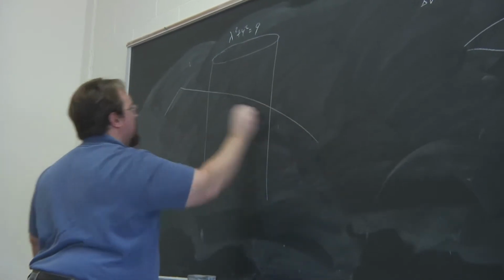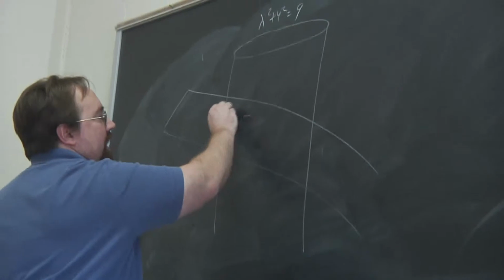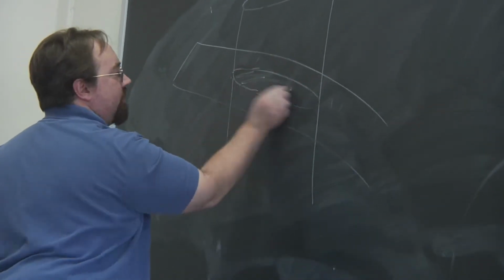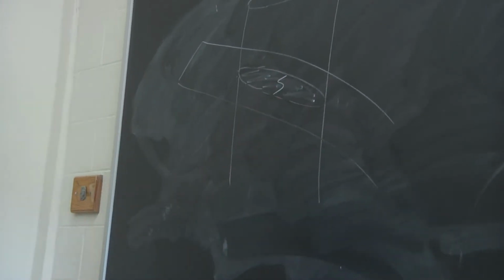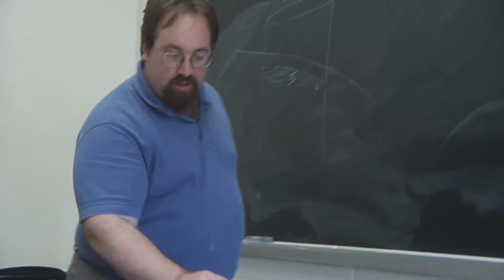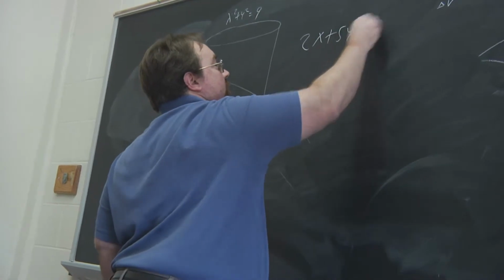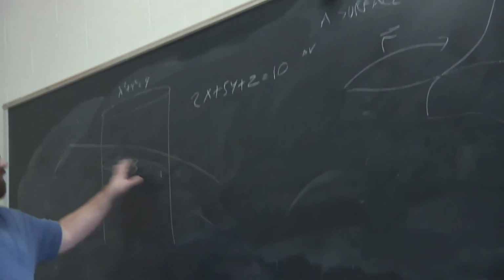Then we have a plane cutting through the cylinder, so we have this cross section. This is our surface S. Now, the plane has the equation 2x plus 5y plus z equals 10. So what is the area of this portion?